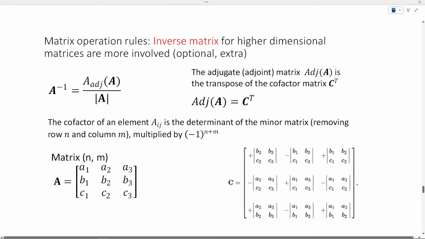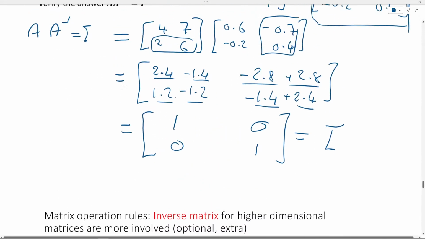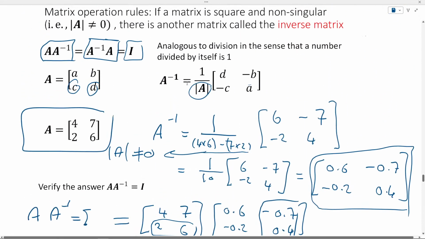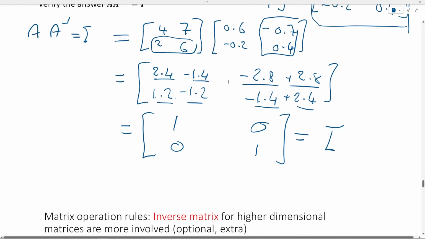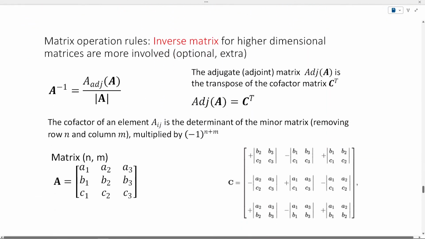So can we also find the inverse matrix if my matrix is more than 2 by 2, like 3 by 3, 4 by 4? Yeah, it's just more involved.